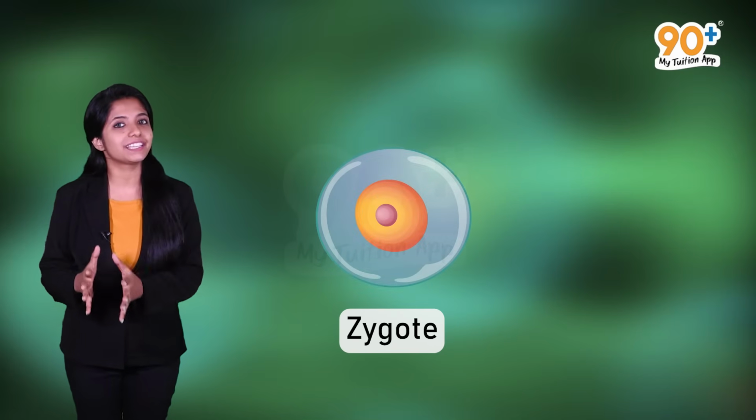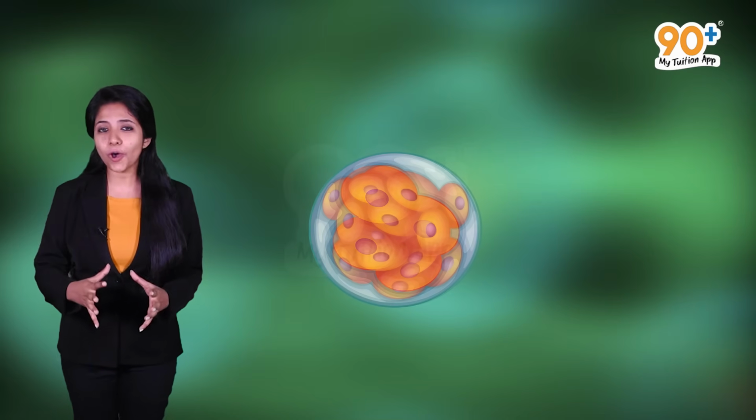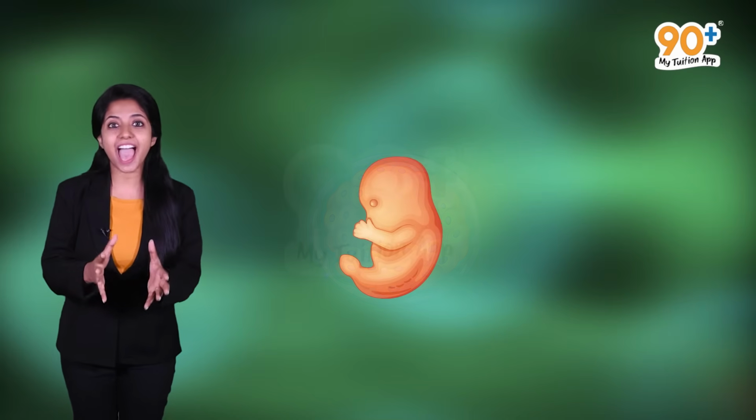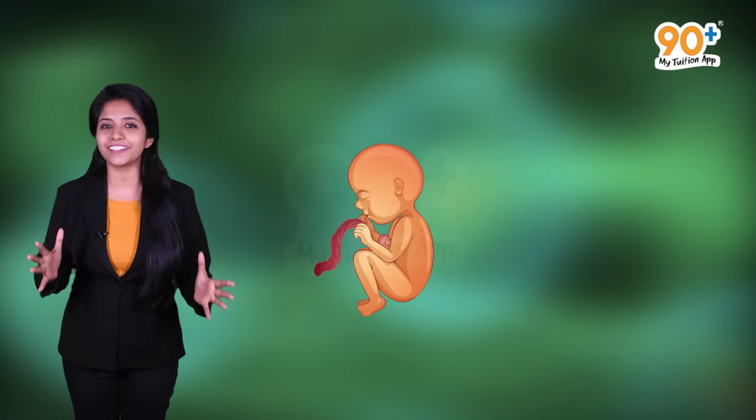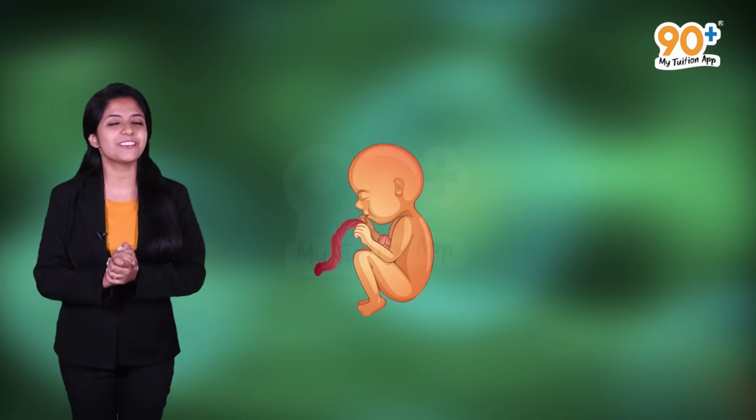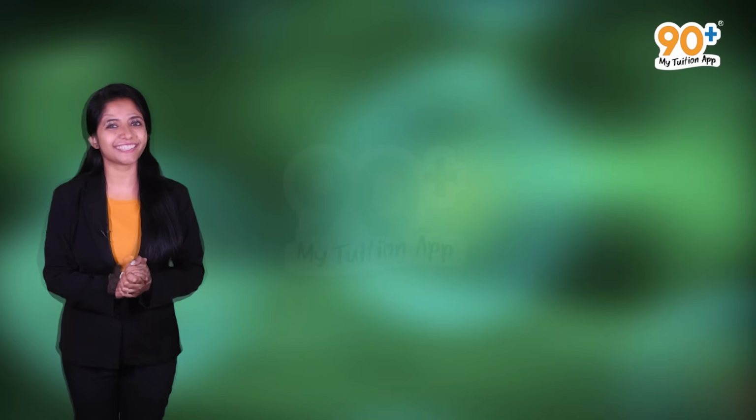They arise from just a single cell, that is a zygote or a fertilized egg, which undergoes rapid cell division to form cells of different sizes and shapes. And finally, it gives rise to a whole new organism, which sounds amazing, right? Oh, did I say shape?